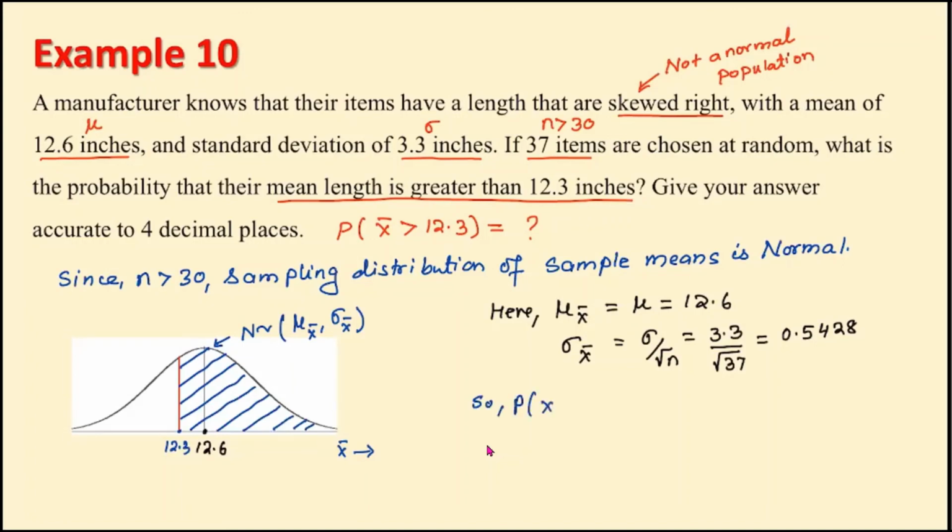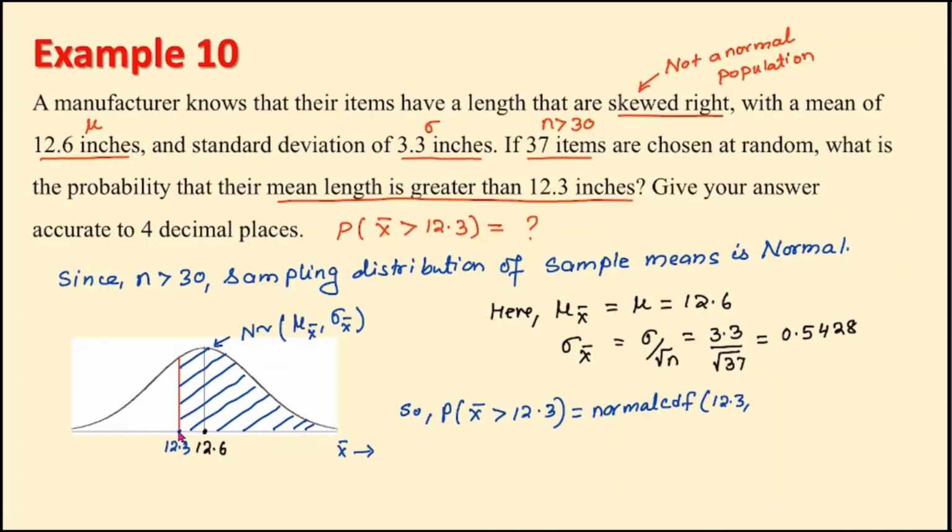So we say the probability that the average is greater than 12.3 is equal to normal CDF. We use normal CDF because we are talking about probability. Whenever we are calculating the probability or area, we use normal CDF. Now we need a lower boundary for this area. The lower boundary is 12.3.